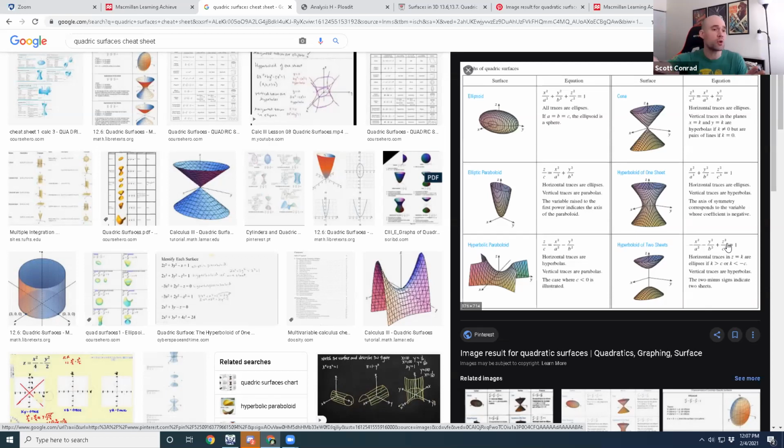If I give you an equation and say, give me the trace y equals -1, you need to be able to do it like we just did, and then you need to be able to look at this equation and say, okay, this is a hyperboloid of 1 sheet or whatever. And I will send that out. So no, you're never going to have to draw a 3-dimensional surface. The most you will have to draw is the trace, the curve. And it just has to be a very rough sketch, right? You need to get the general shape, and then you need to get the intercepts right.